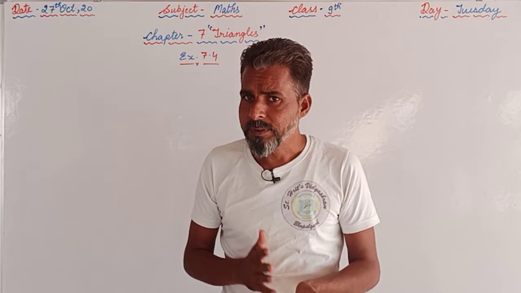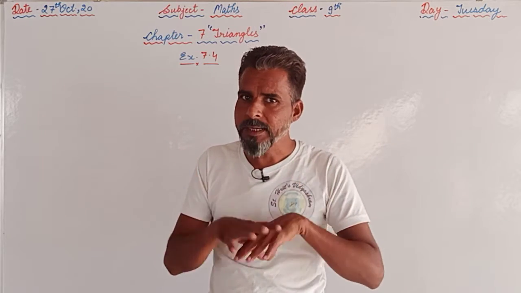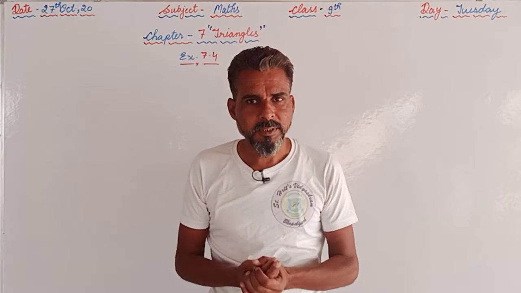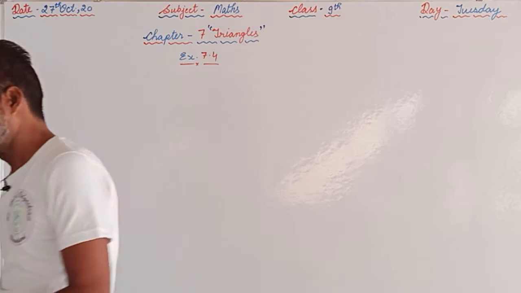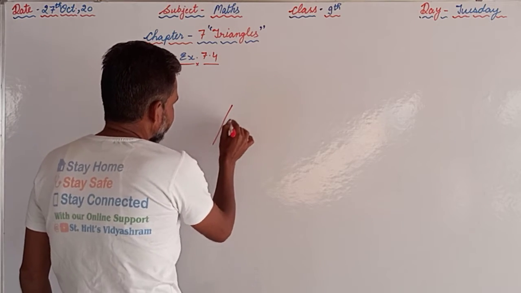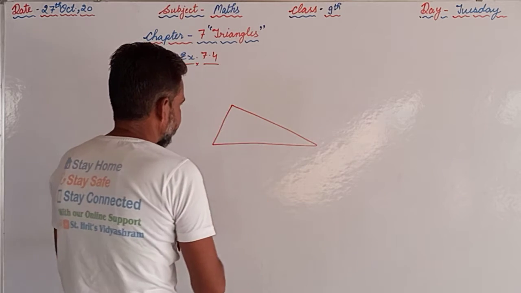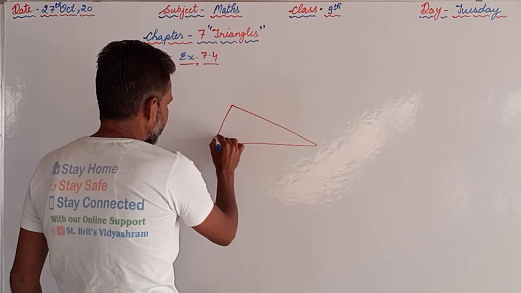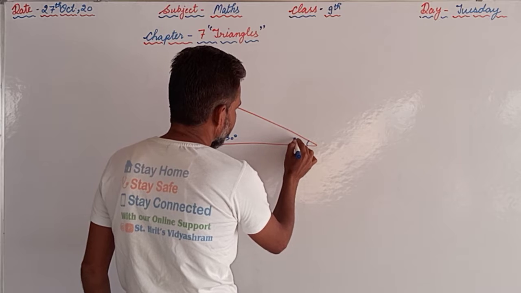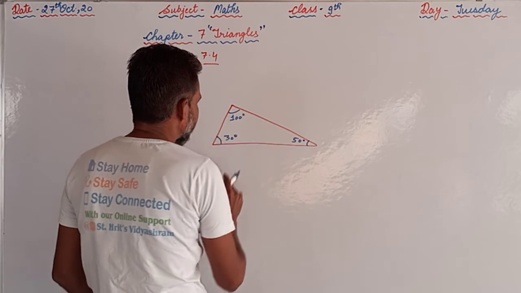Now we are supposed to start exercise 7.4, in which we are not supposed to use those congruence criteria. This exercise is based on the inequality of the triangle, means if any triangle is there like this, and this is 30 degree and this is 50 degree and this is 100 degree.